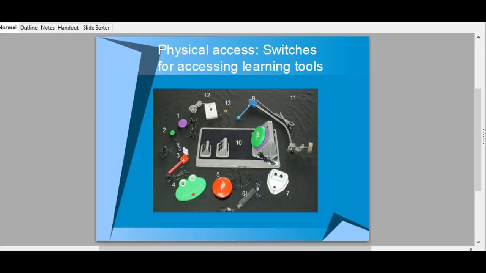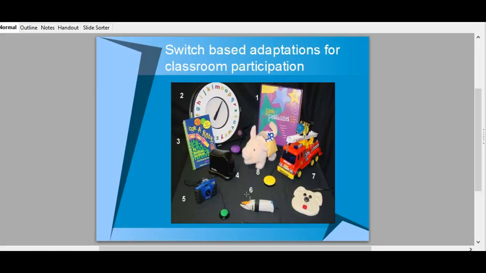Here is a lot of switches that you can use to access learning tools when people have physical difficulties. Again, lots of switches and lots of different kinds of on and off devices that help you turn things on and off.